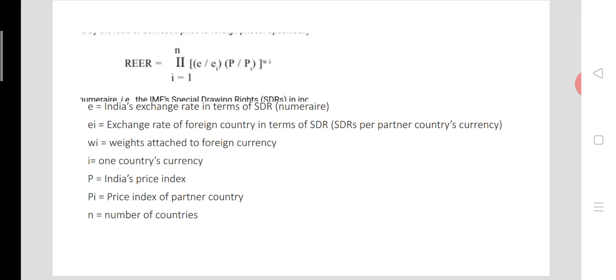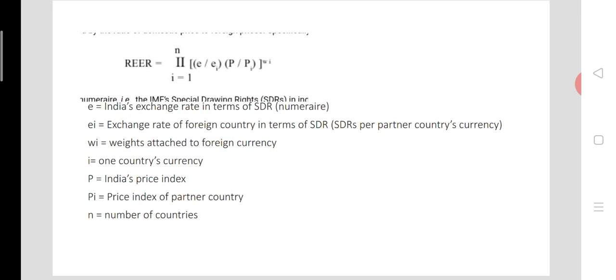Wi is the weight assigned to the particular foreign currency. If we are considering the UK's pound sterling first, we have to add the weight assigned to the pound sterling there, then this has to be multiplied with the value. The same process has to be done for all the currencies in the currency basket.